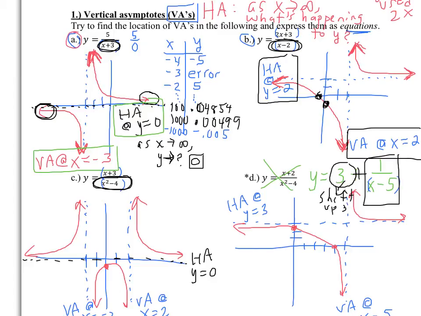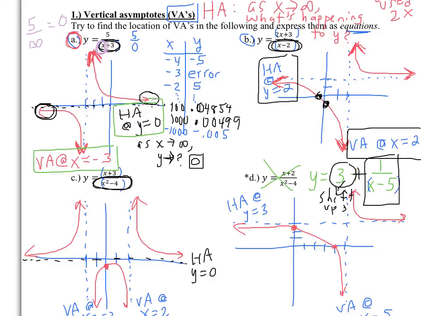So think about in our example, part A, if I were to put in 1,000,000 for x, adding 3 onto it's not going to have much of an effect. I'm going to have 5 divided by something very, very big. Well, 5 divided by something incredibly big, call it infinity, is basically going to give us 0.